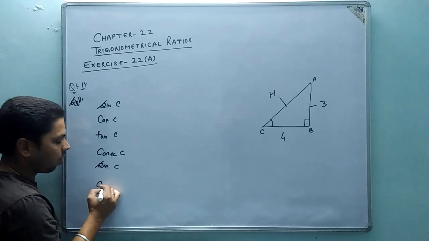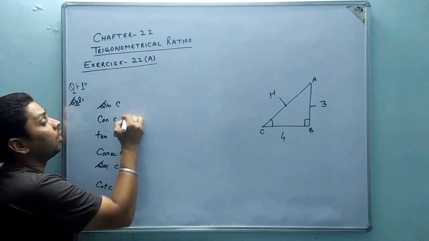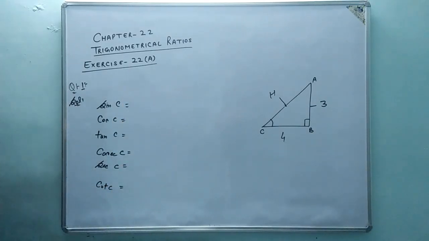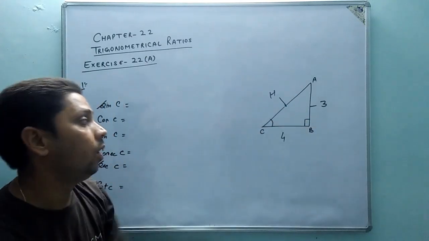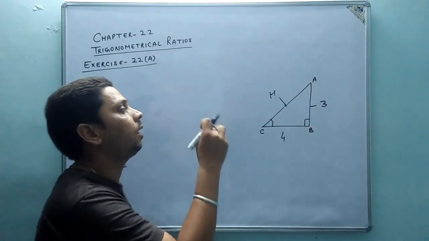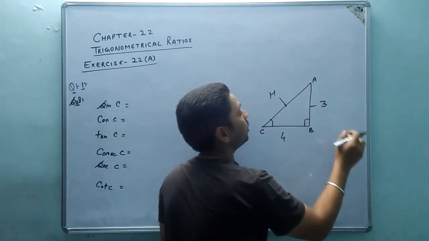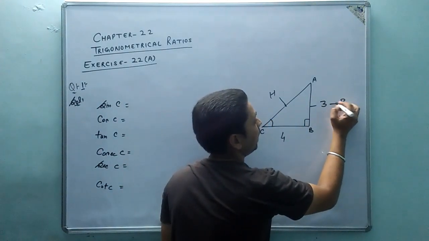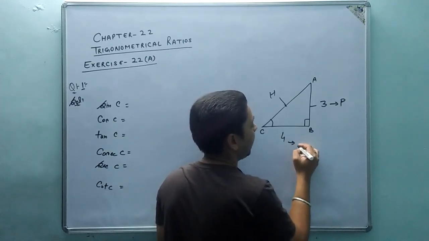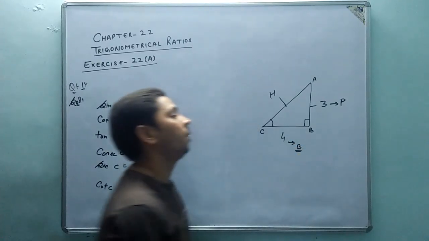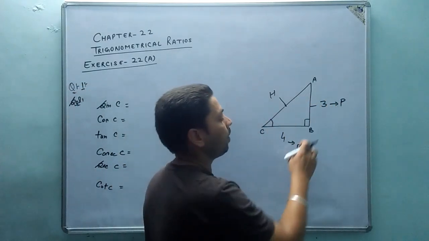Tan is cot of C. So we have all the trigonometrical ratios with respect to your base angle C. Now we have to decide the perpendicular and base. So the side opposite to this base angle will be your perpendicular, and here we have BC as your base.